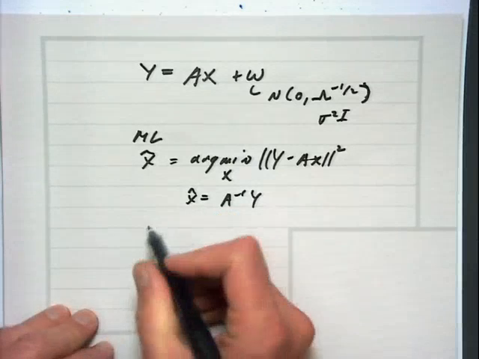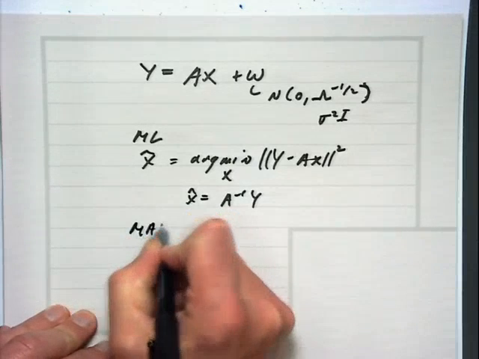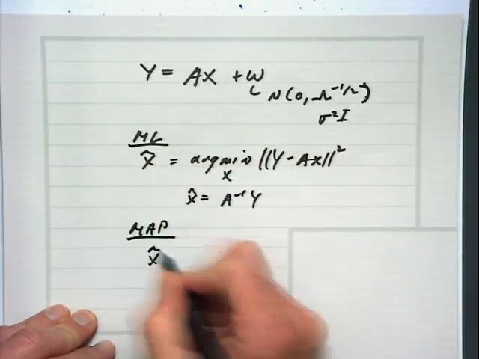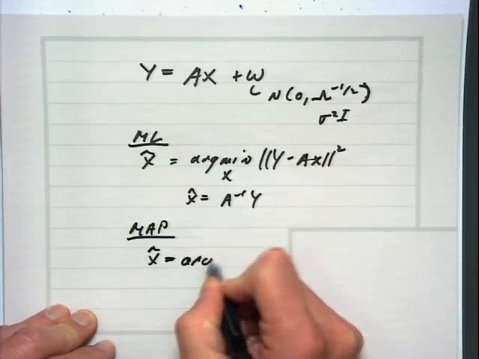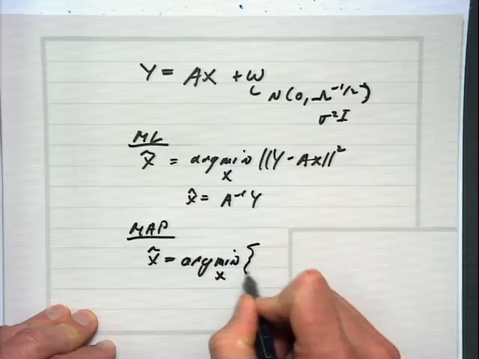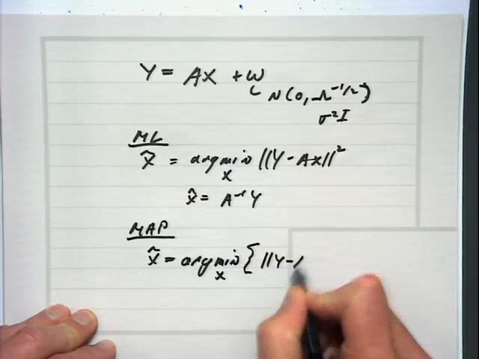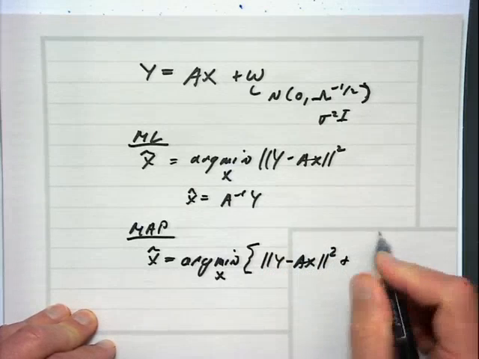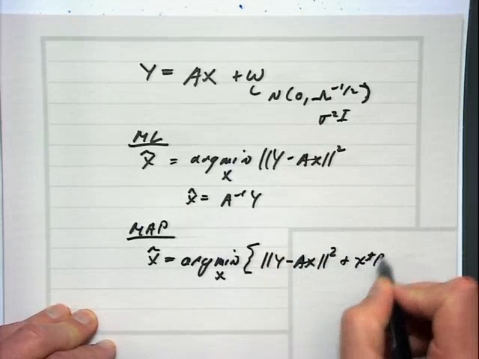So the MAP estimate is the case that we're looking at. It is the argmin over x of the combination of the norm of y minus Ax squared plus x transpose Dx.